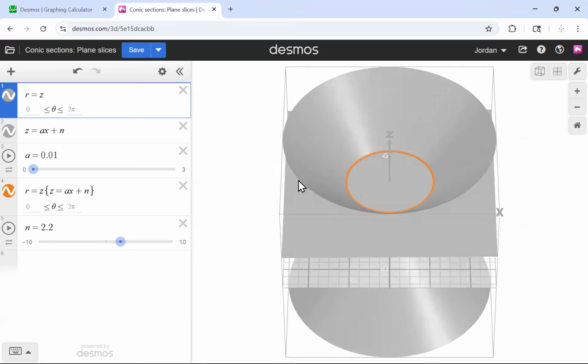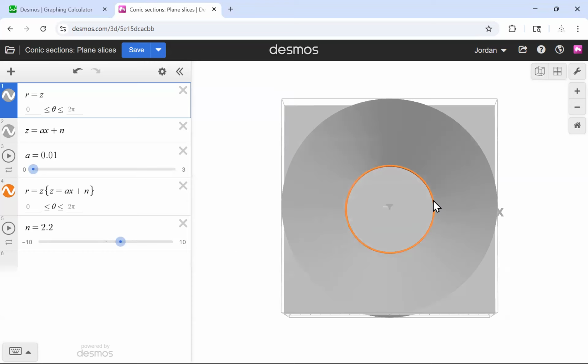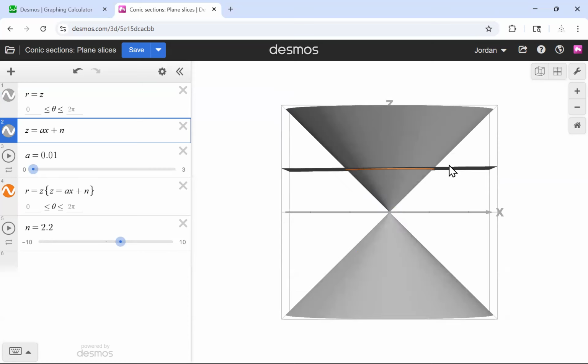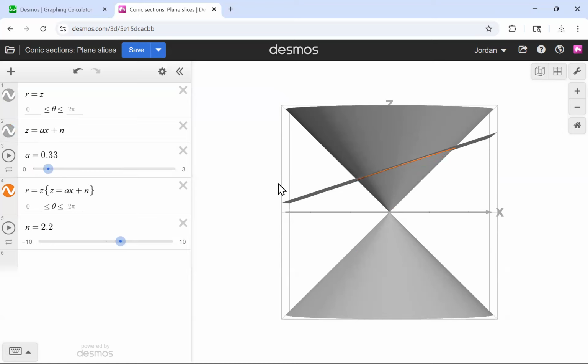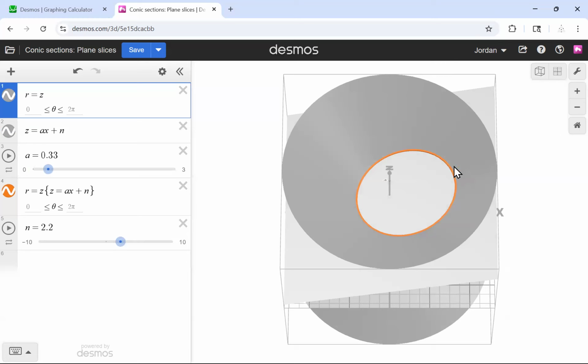So as the plane gets higher, we get bigger circles, but it still is cutting flat. As the slope of this plane increases, that circle gets elongated in one direction and we end up with an ellipse.